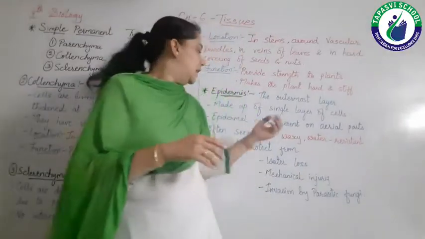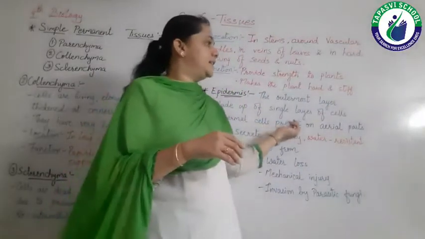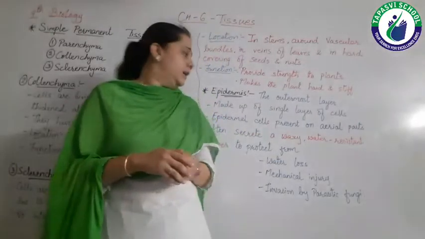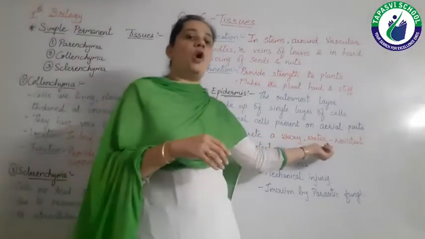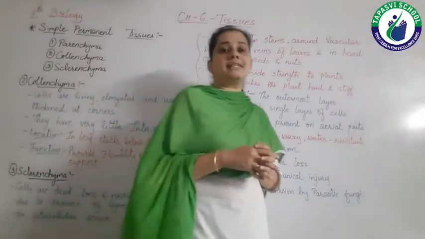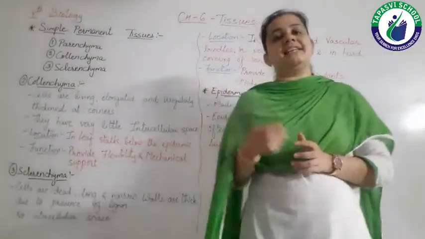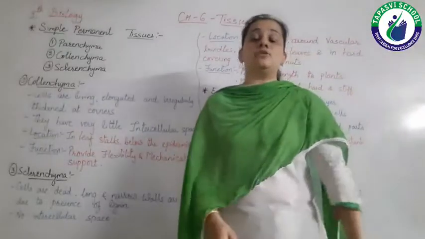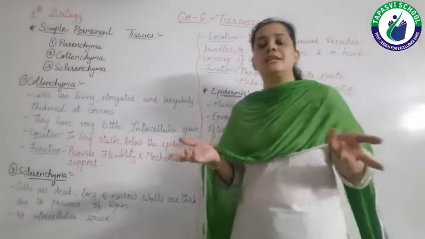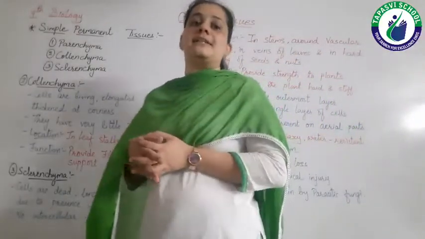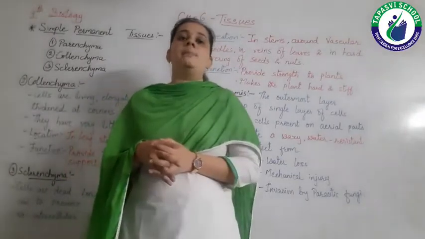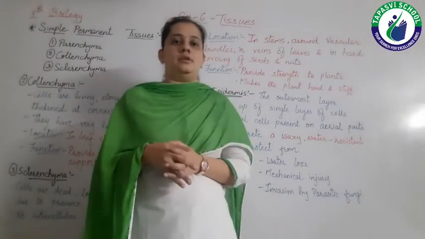The epidermal cells present on aerial parts of the plant often secrete a waxy water resistant layer. What do they secrete? They secrete a waxy water resistant layer. So what is the meaning of this? Obviously the name suggests, a water resistant layer will protect the plant from water loss.